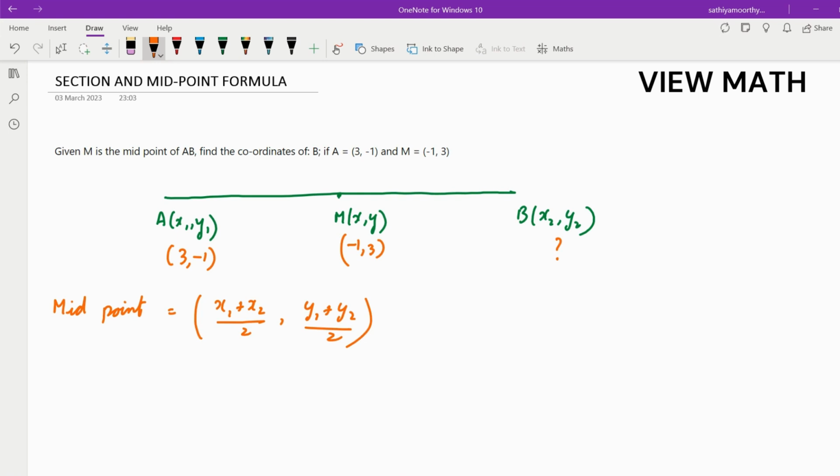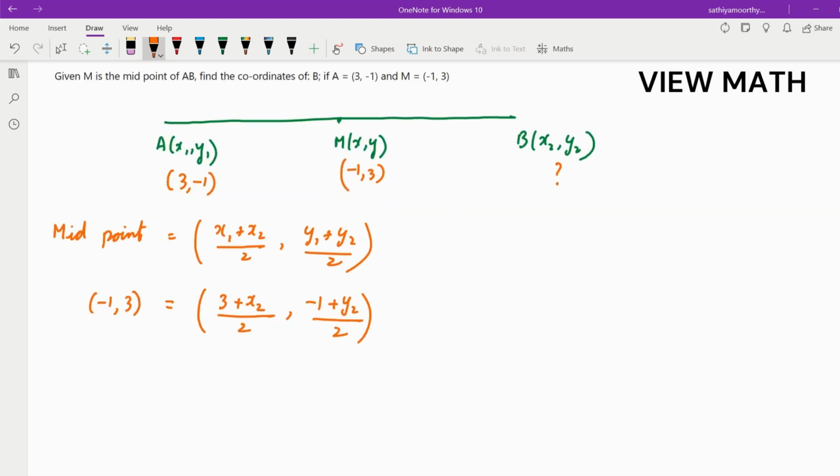Now let me substitute. (-1, 3) is the midpoint M, and x1 is 3, x2 I have to find, so I'm writing it as it is, divided by 2, y1 is -1, and y2 I have to find, so I'm writing it as it is, divided by 2. Now I'm going to equate the x coordinate to x and the y coordinate to y to find x2 and y2.